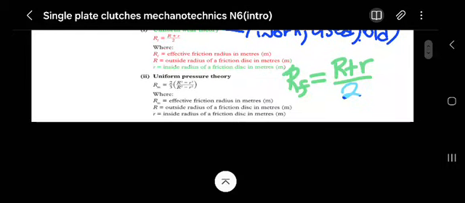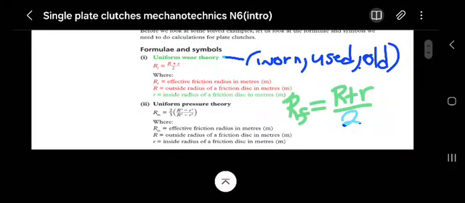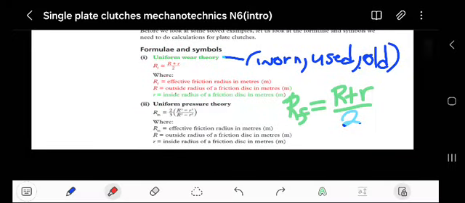Now that was uniform wear. We have two theories. We did uniform wear, and now we have another theory, the uniform pressure theory. When we are dealing with uniform pressure theory, we're dealing with new clutches, the brand new ones that you buy at the shop.